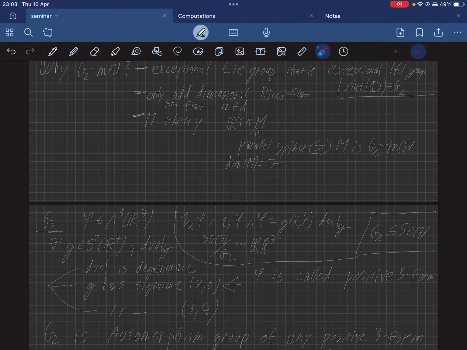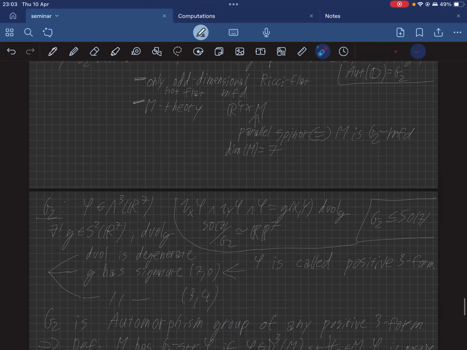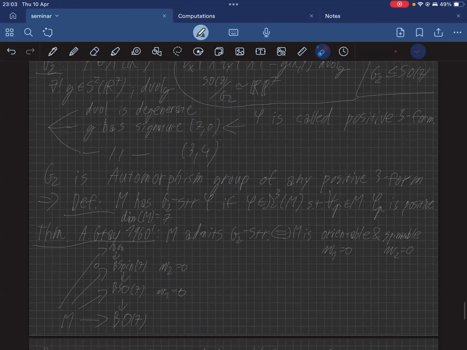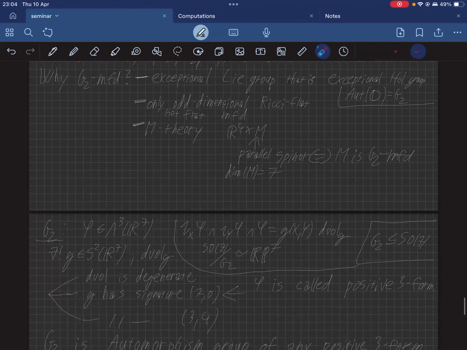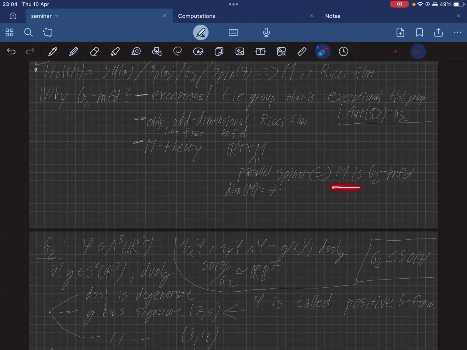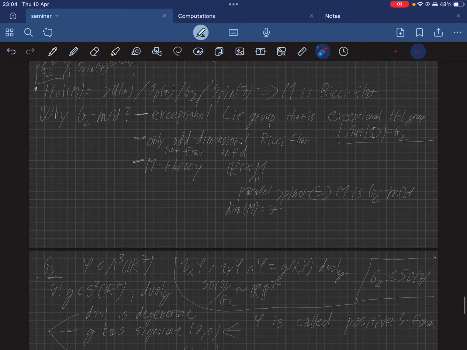I don't know. Sorry, I don't know much about M theory, so I have no idea. All I can tell you is, I think Fritza told me that you get a condition on essentially a parallel spinor, which is the same as having this integrable Spin(7) structure, which is the same as having the G2 structure integrable, which is exactly why it transfers to having a G2 manifold. But sorry, I don't know any implications to physics.